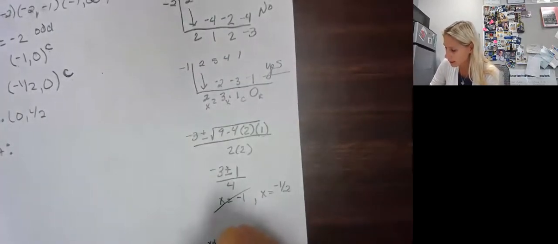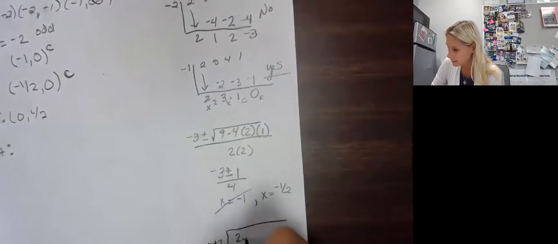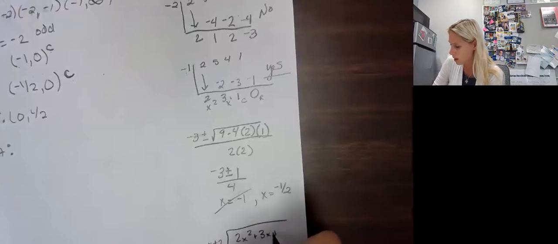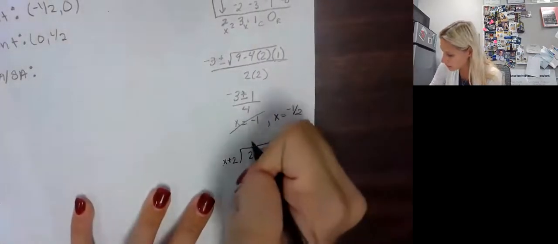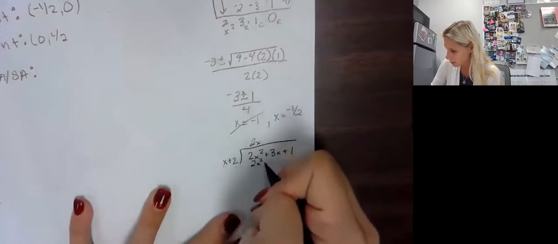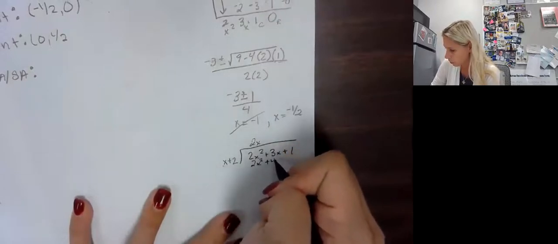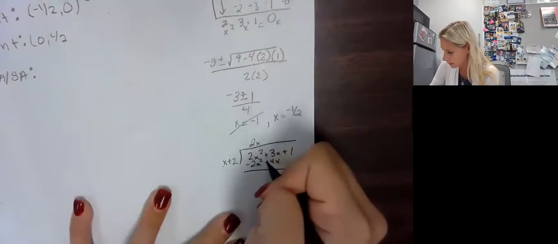So x plus 2 is on the outside. 2x squared plus 3x plus 1. What do you multiply x by? It's 2x squared. 2x. Let's see, 2x and 2 is 4x. Subtract straight down or add the opposite.